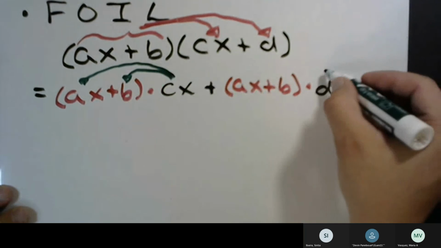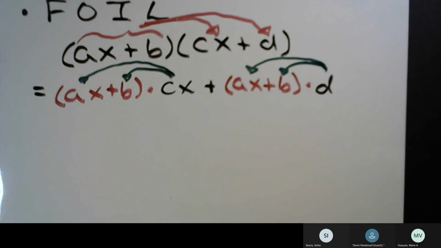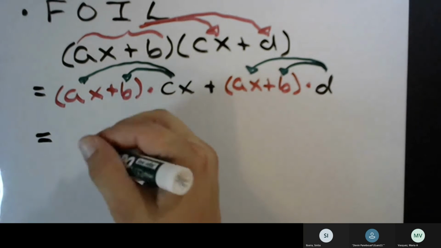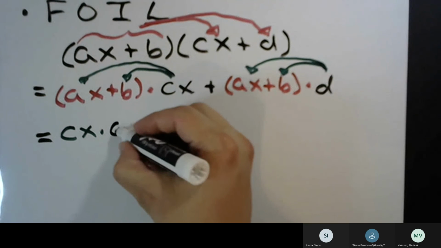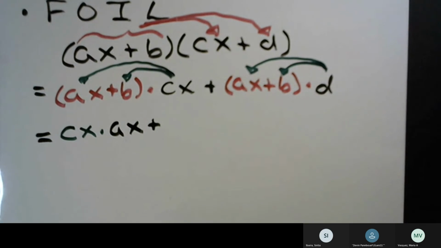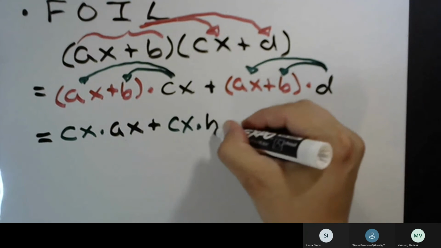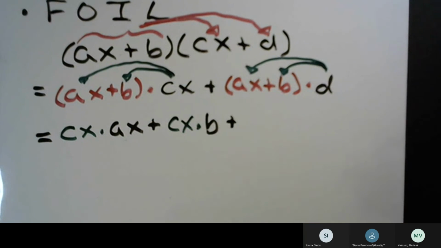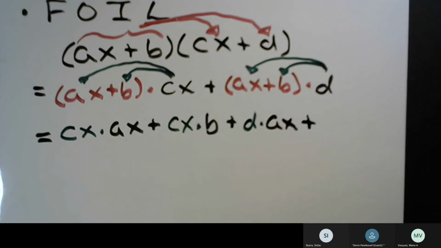We distribute the cx, we distribute the d, get cx times ax, we'll get cx times b, then we'll get d times ax, plus d times b.